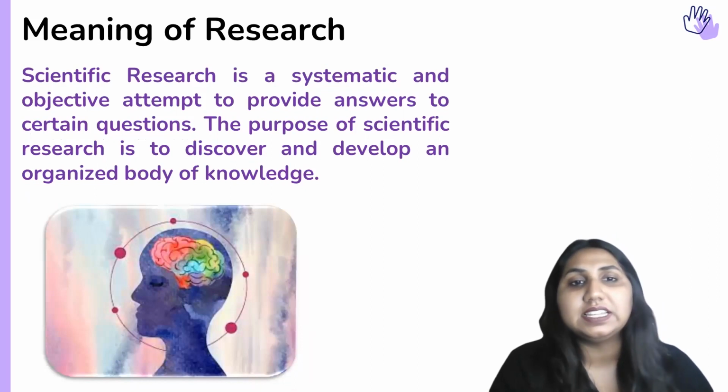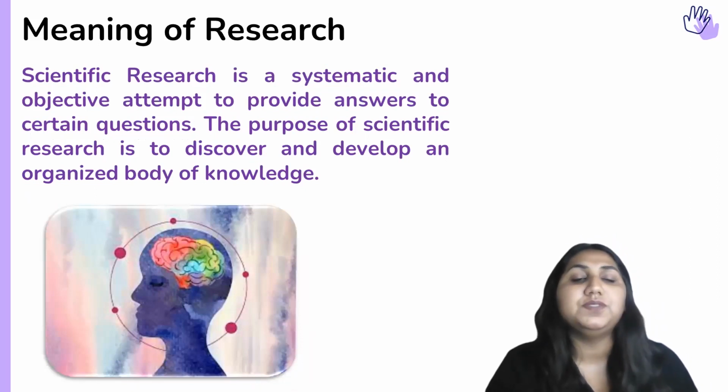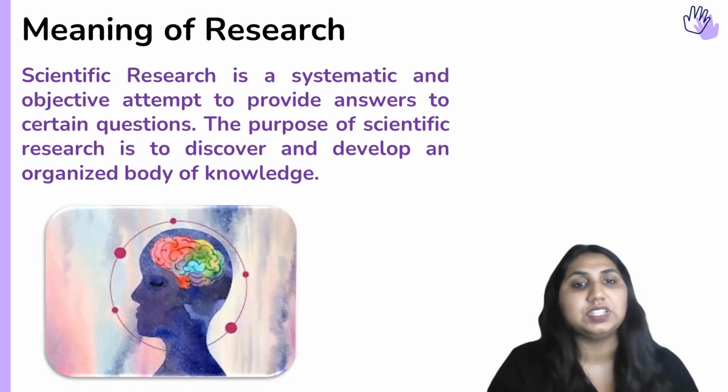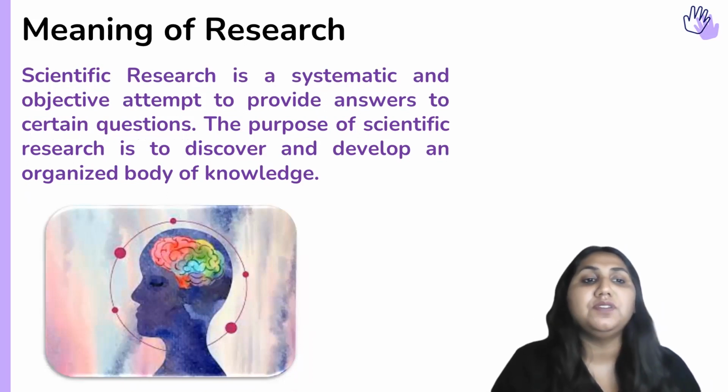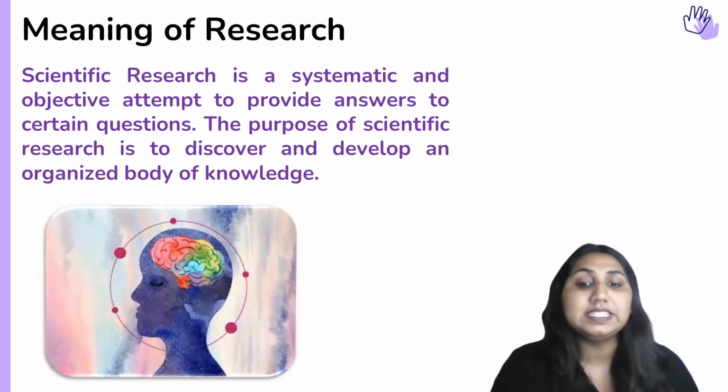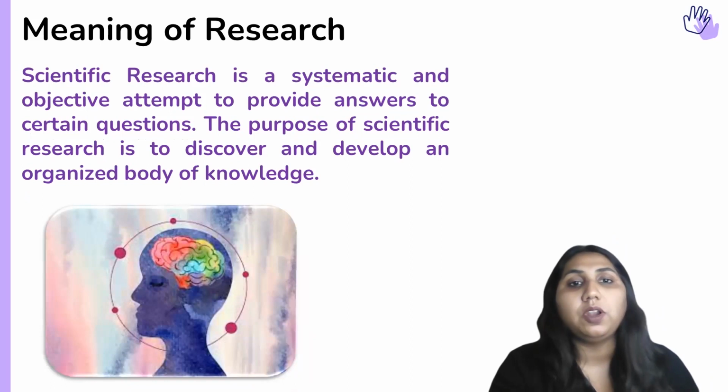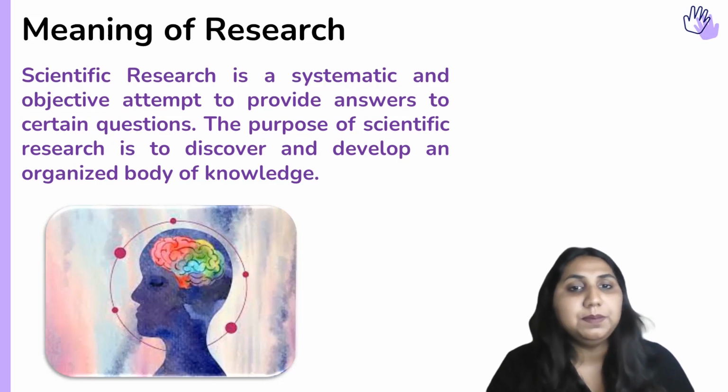Scientific research is a systematic and objective attempt which provides answers to certain questions. As I said, the purpose of research is to either discover or develop an organized body of knowledge, and this body of knowledge is not limited to a certain aspect, right? Scientific research can be defined as systematic and empirical analysis as well as recording of the observations being made.